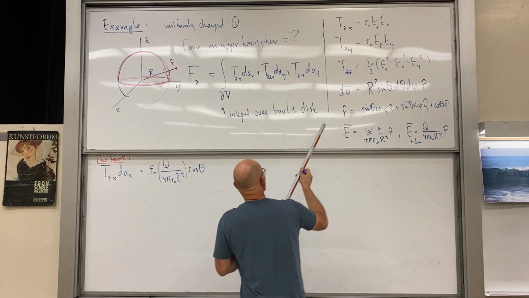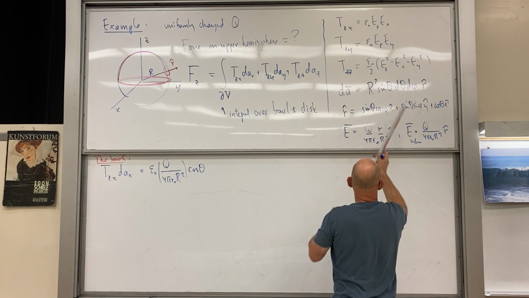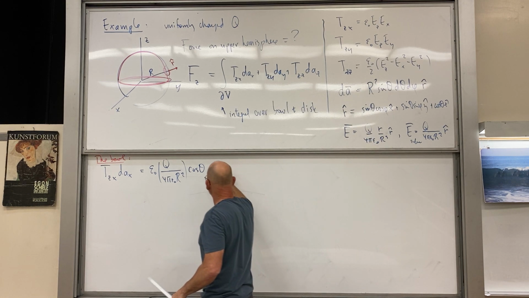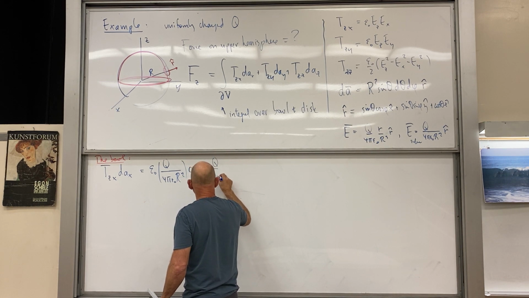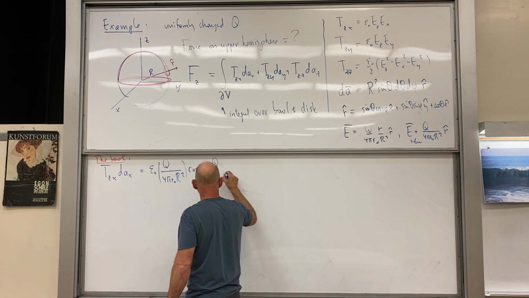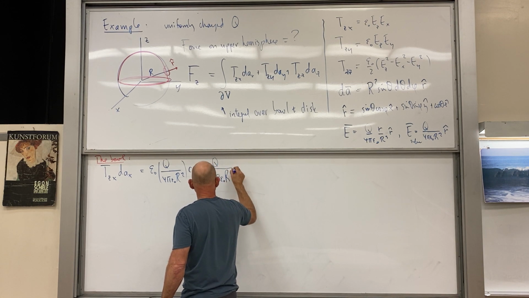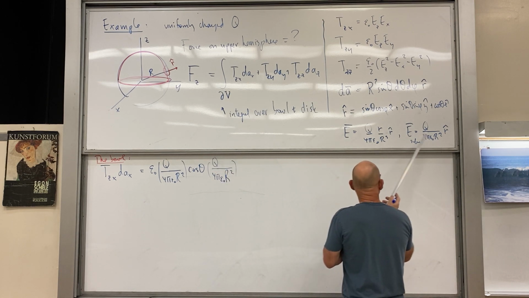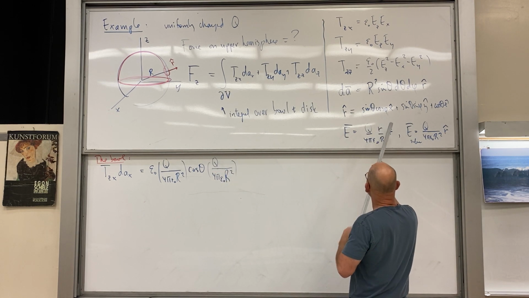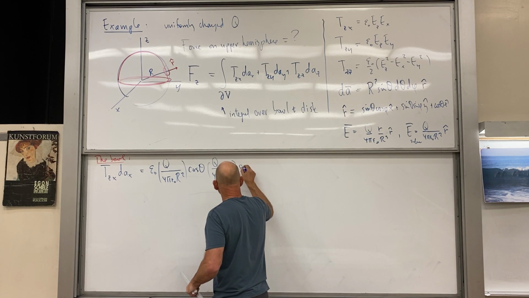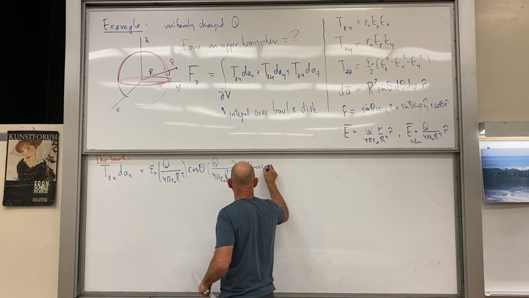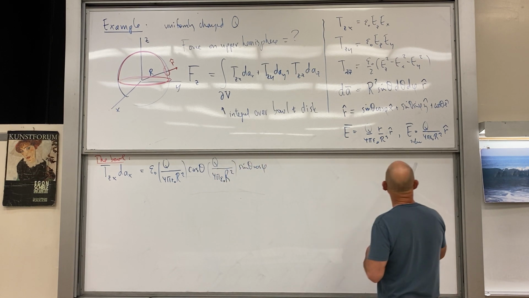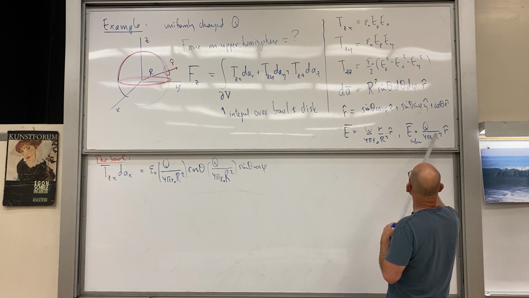And then we have to do the E sub x. So again we have Q over 4 pi epsilon naught r squared. And then for the x part of it, we have sine theta cos phi. Good? Yeah.